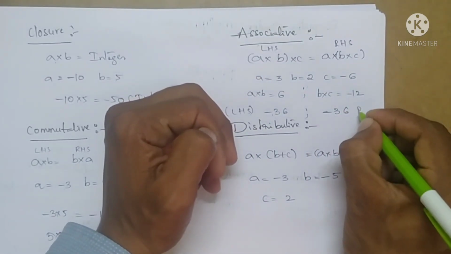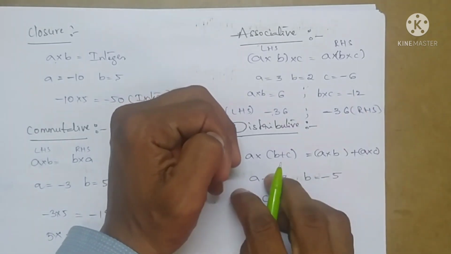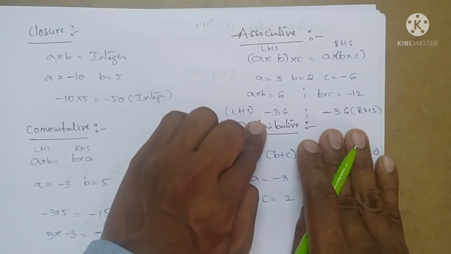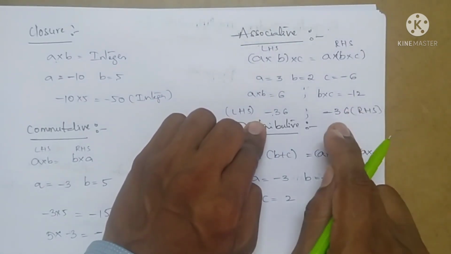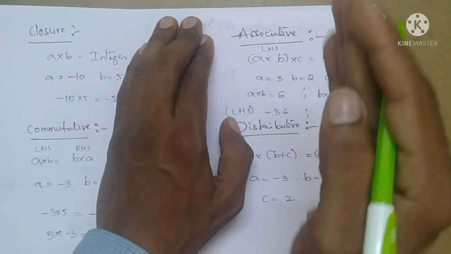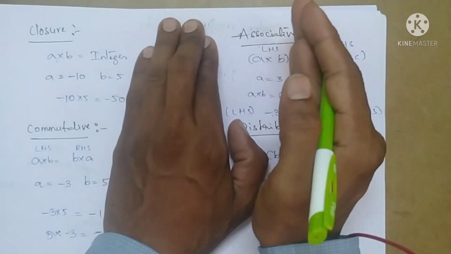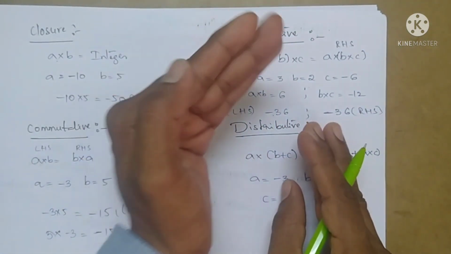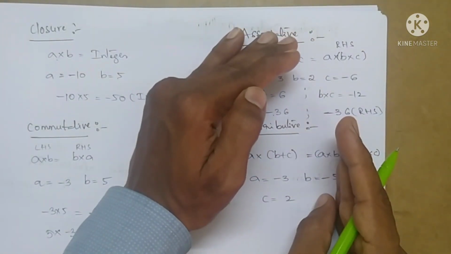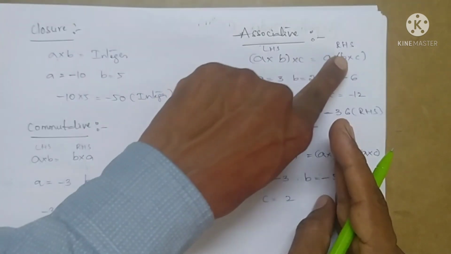This is the RHS side. The LHS side is minus 36 and the RHS side is minus 36. Both are equal, right? So we can conclude that associative property is working for integers under multiplication.